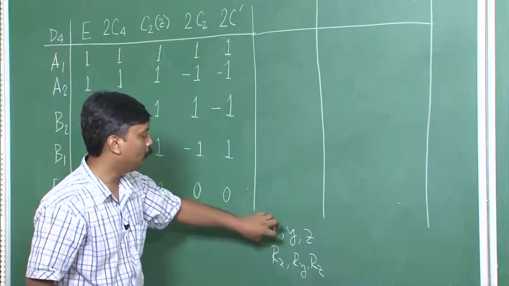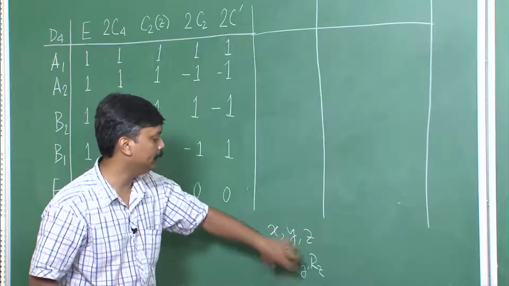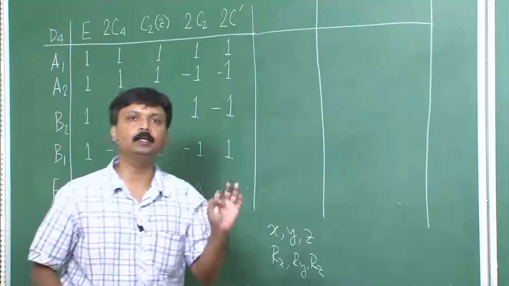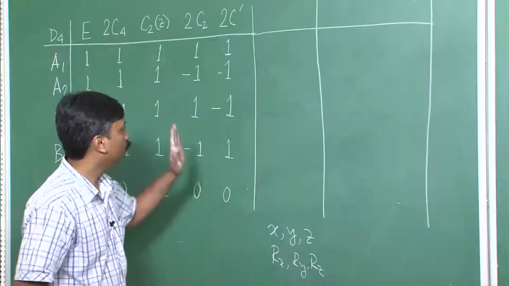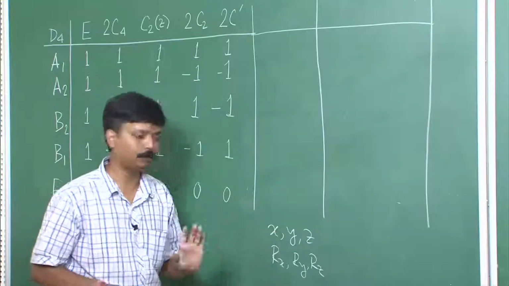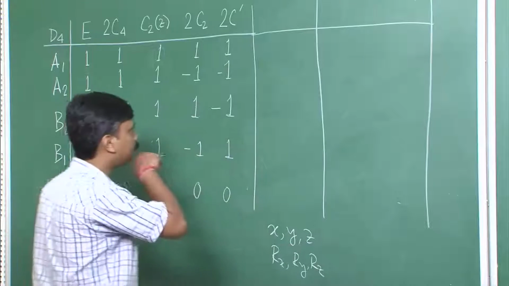Now our job is to ascribe this x, y, z or Rx, Ry, Rz to particular IRs, okay, which transform as one of these coordinates or the rotational coordinates.